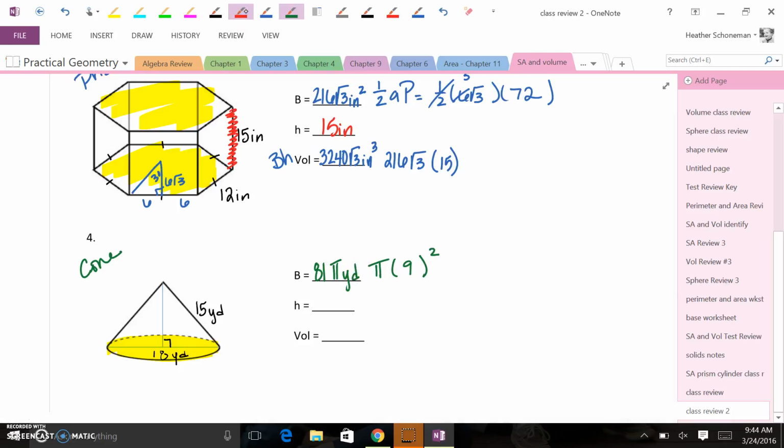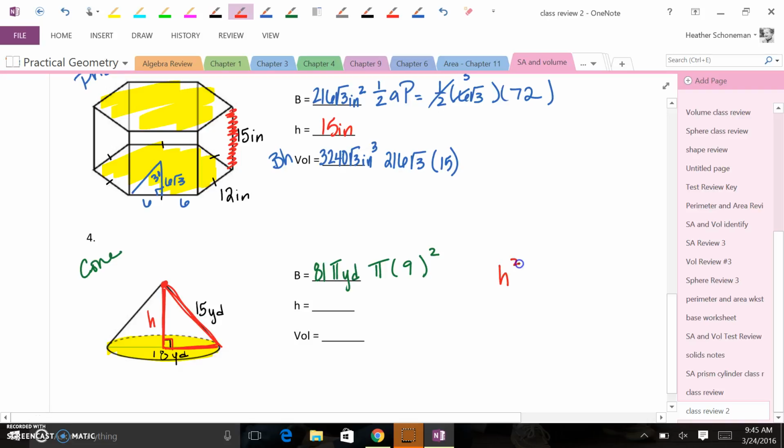The height in a cone or a pyramid, the height goes from the point to the center of the base. So this is the height. Well, we don't know the height, but this is the right triangle that we are going to use to find it.